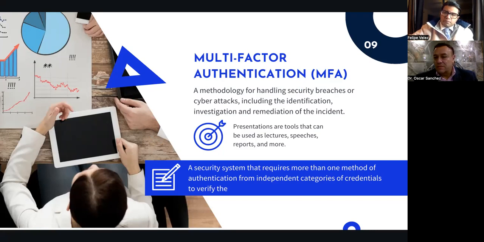Multi-factor authentication. A methodology for handling security breaches or cyber attack, including the identification, investigation, and remediation of the incident.